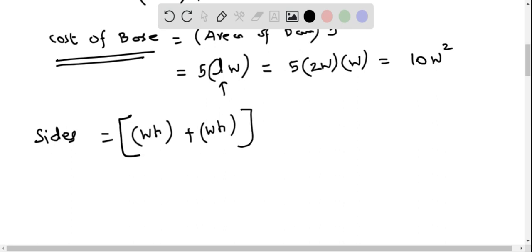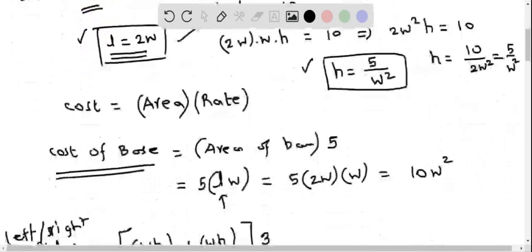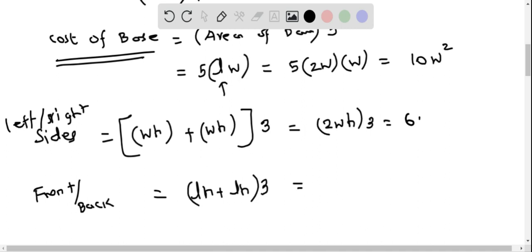These two we multiply by the rate, which is 3. Similarly, for front and back, the area is length times height, so LH plus LH, times the rate. Let's simplify: WH plus WH is 2WH, times 3, which is 6WH.